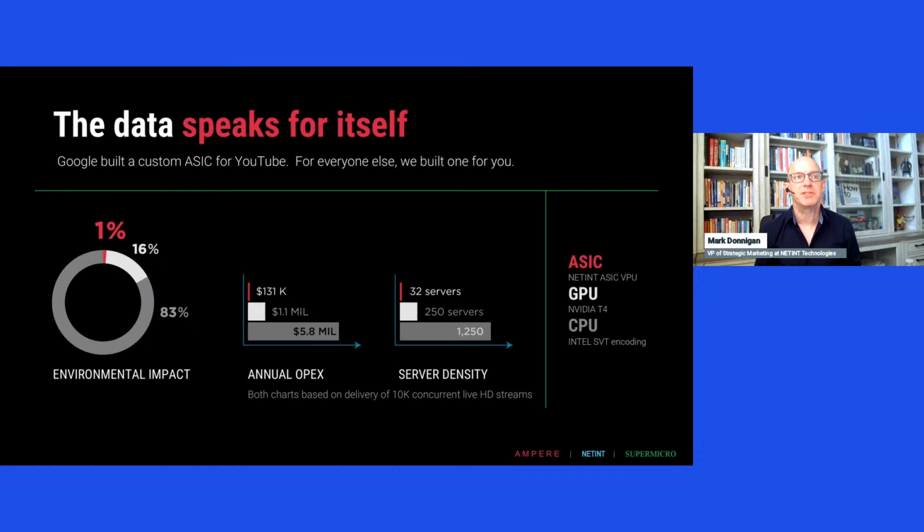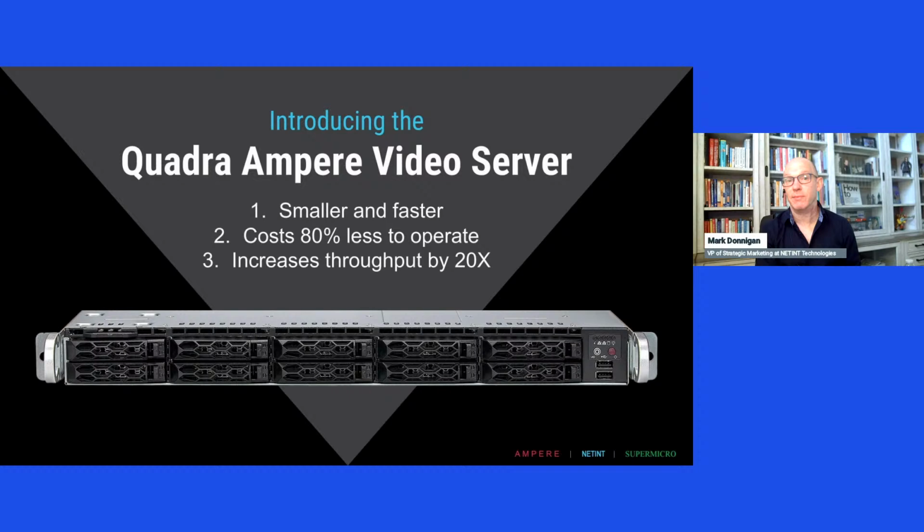It's carbon emissions. So the data really speaks for itself. If you're not considering ASICs, if you're not considering that topology, then your costs are going to be significantly higher, and your environmental impact will be probably much more than you would like it to be or you need it to be.